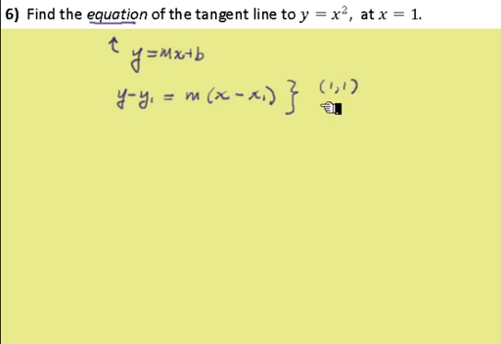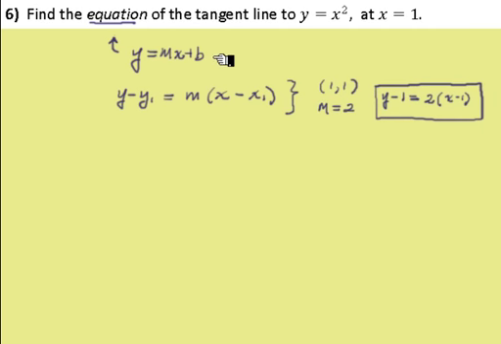And the slope we just found in the previous example, the slope of the tangent line, is 2. So if we fill this in, we have y minus 1 is equal to the slope of 2 times x minus 1. All right, so that's the equation of the tangent line.